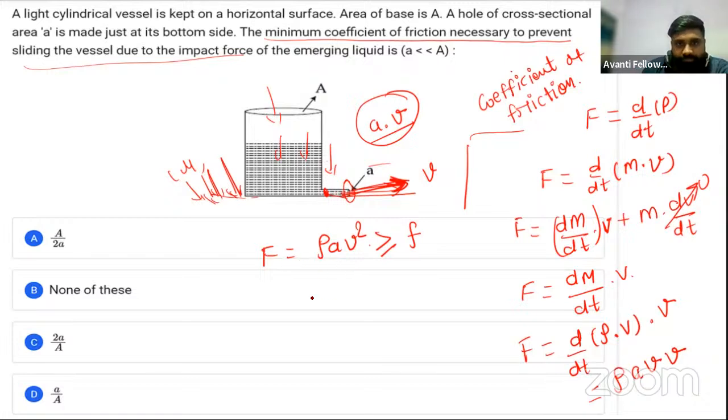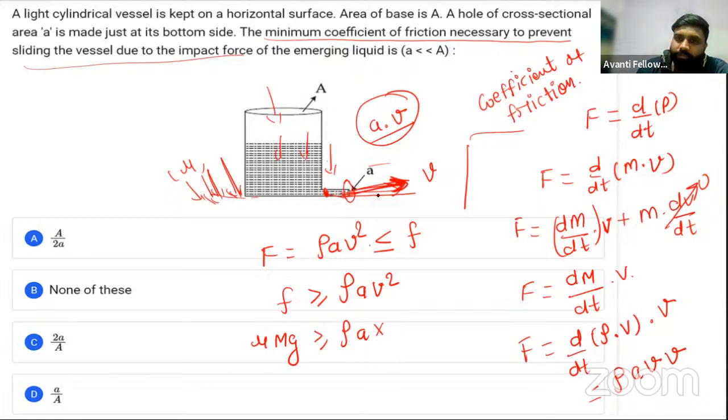Okay, just a second. F here is the frictional force, which should be greater than or equal to rho a v square. F is nothing but mu N, where N is equal to mg, greater than or equal to rho small a into v square.